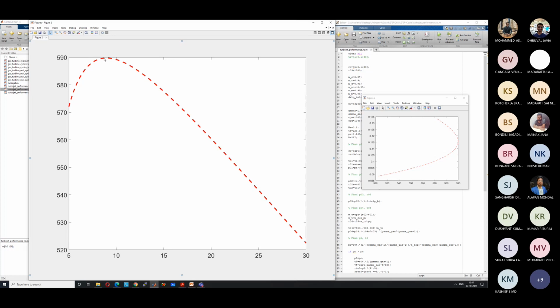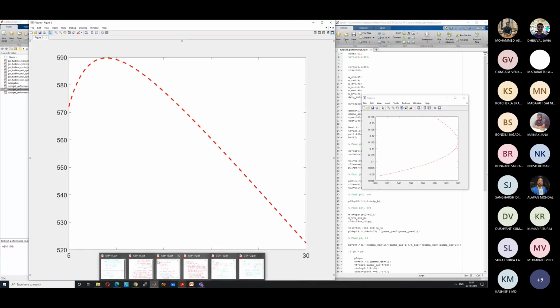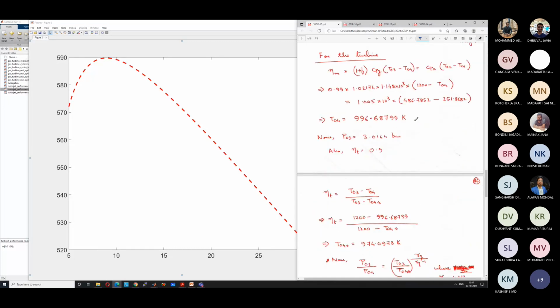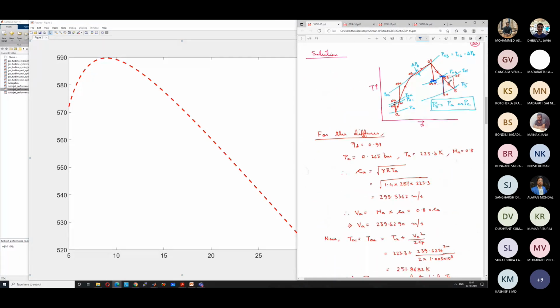But after that, what happens? If you keep on increasing the compressor pressure ratio, your compressor work input will increase. As a result, the turbine work that is required will also keep on increasing. So point 4 will come lower and lower, and the thrust that can be generated becomes lower.